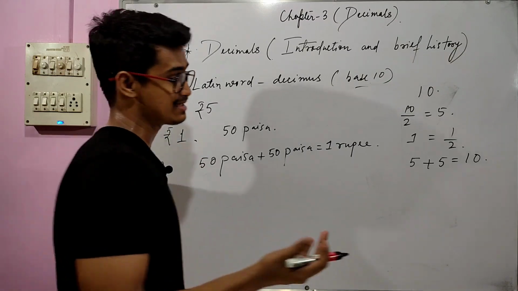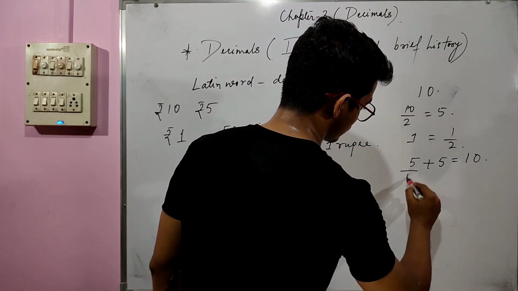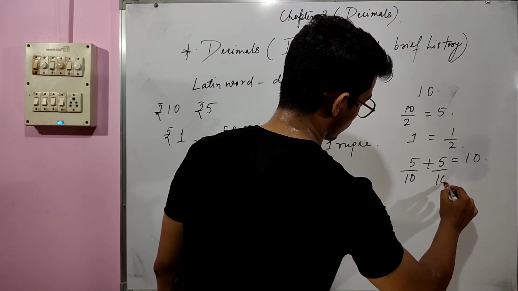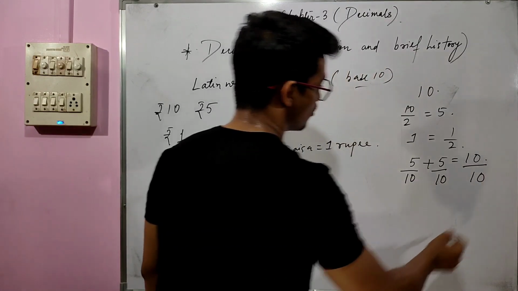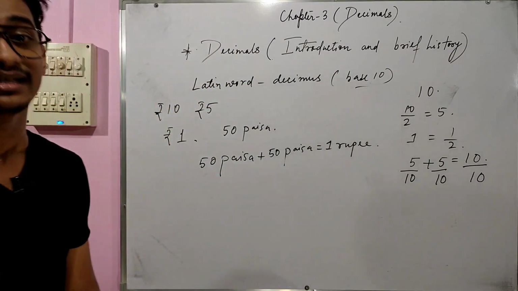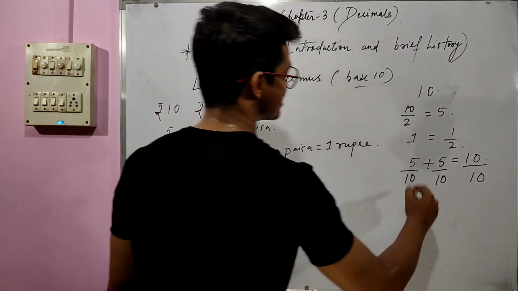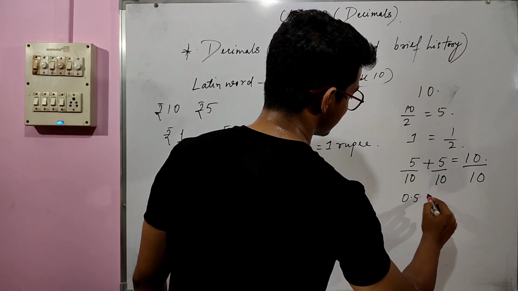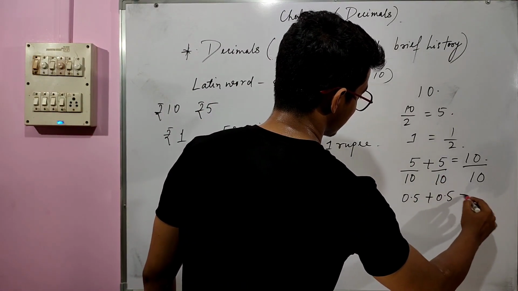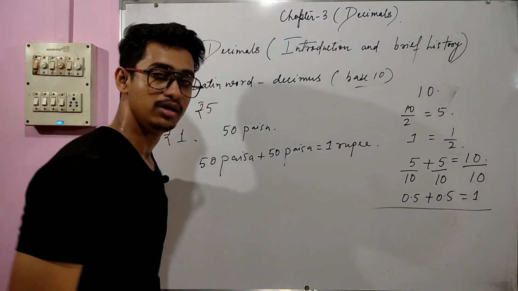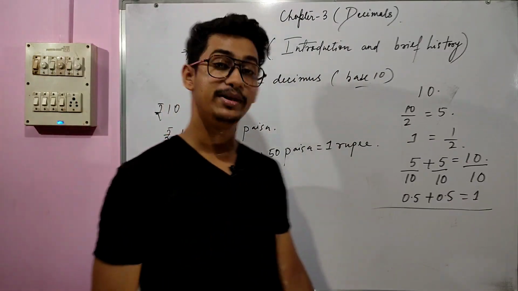What do you mean by base 10 system? Base 10 system means it will be divided by 10 only, on both sides, on the left hand side as well as the right hand side, so that the answer will be 0.5. In that case, the answer will be 1.